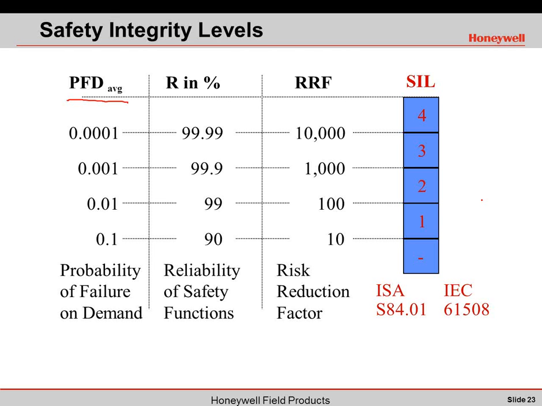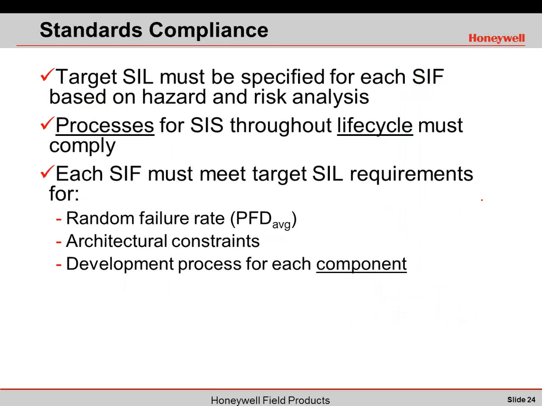And our safety-related system will usually implement more than one safety function. So now that we've seen what the 4 SIL levels are and how we decide which SIL level we need for our particular safety function in a system, we can take a look at the standards compliance.